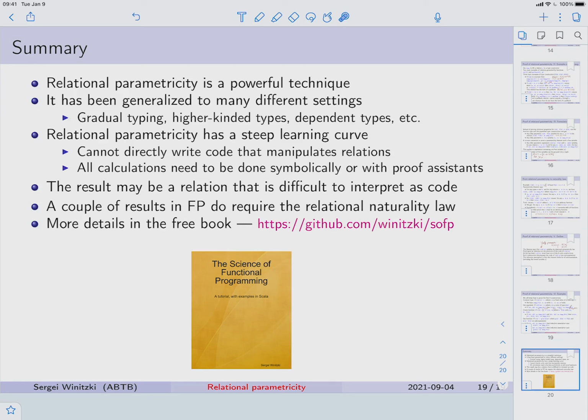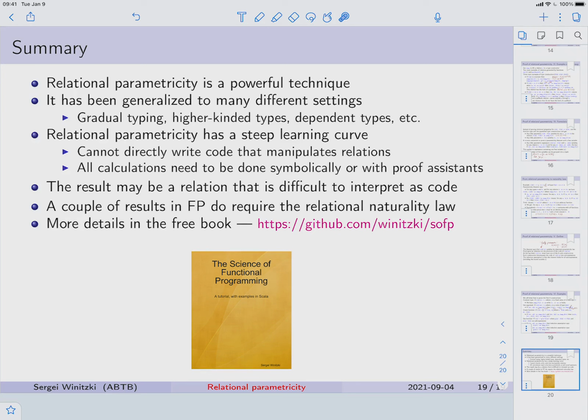So we can lift, and in this way formulate a law for any function of any type signature. Now the price for that is not only that we have to write code in a fully parametric way, but also that we get a relational law as a result, not an equation. So we still have to get an equation out of it.